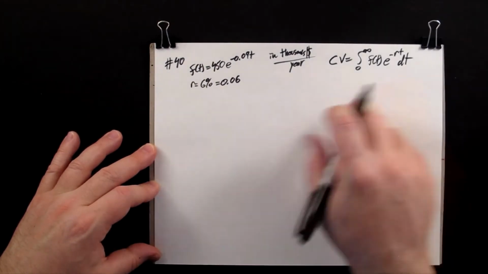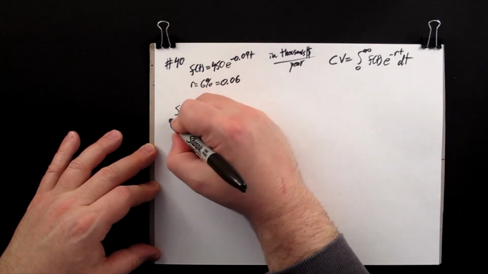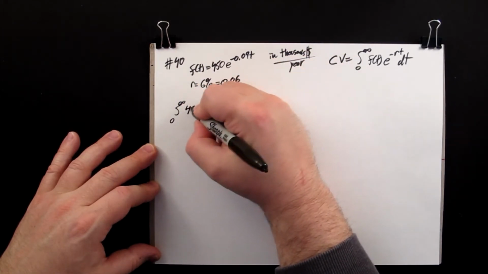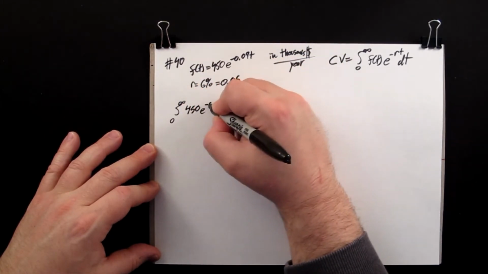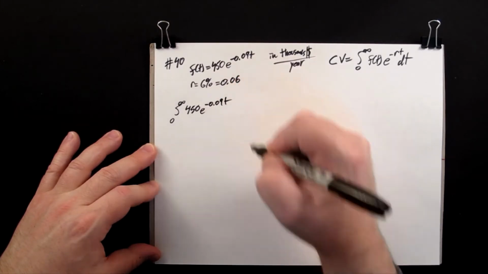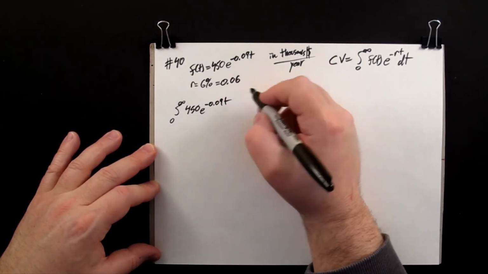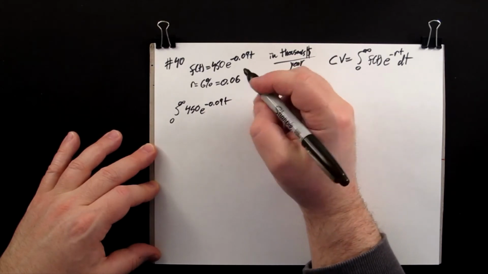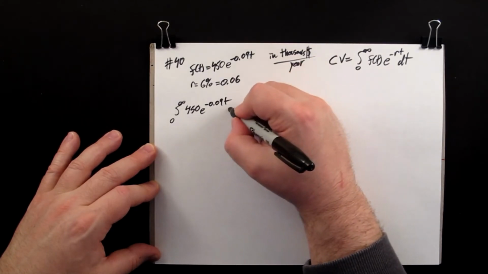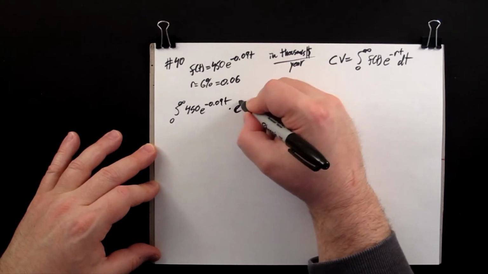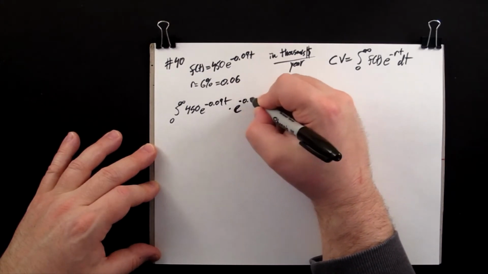All right, so plug in the values that we know. We know what the income stream is, and that's 450 times e to the negative 0.09 t. And then we have the interest rate of 6%.